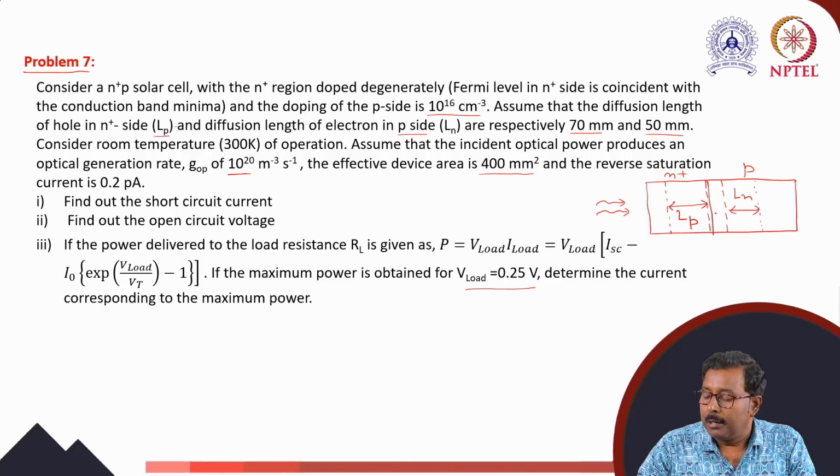And for ISC, the expression of the light current, we have used the IL notation in our lecture. If you remember equation number 40, ISC or IL is nothing but Q times generation rate times area times Ln plus Lp plus W. W is the depletion layer width.